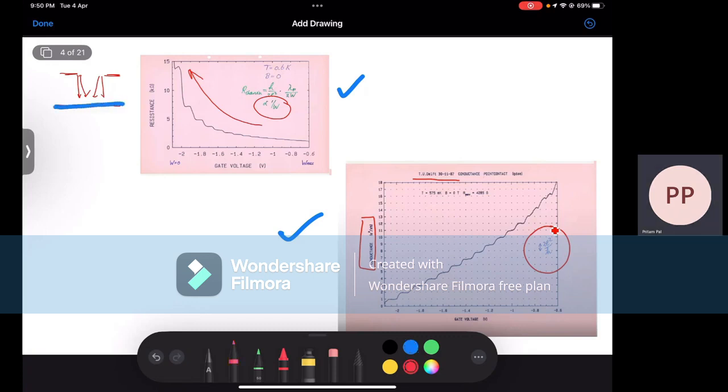That's what I have drawn here. From the tips of the gates, as you make it more and more negative, you shrink the constriction, and as you shrink it more and more, electrons bounce back. The fraction of those that go across shrinks, and so the current eventually drops, and for the same voltage you get a higher resistance. So that's the overall envelope here.